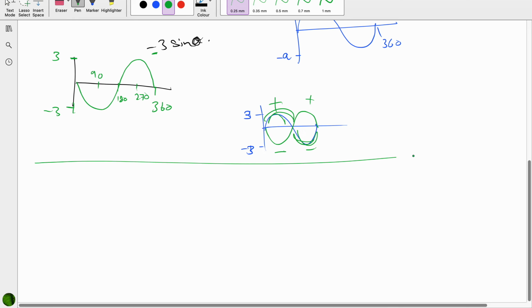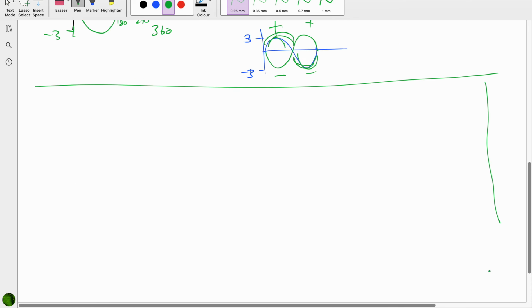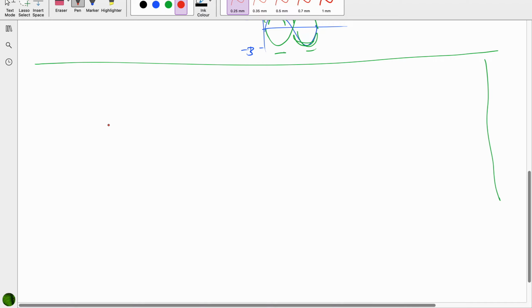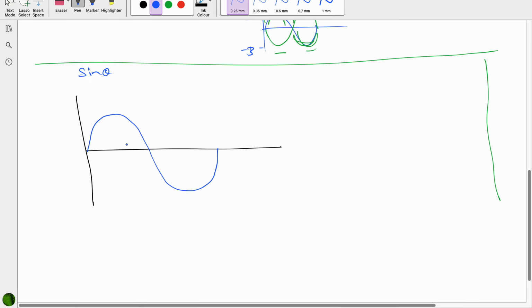Now let's try to draw on one graph. Let's say we have this grid and we draw sine theta. If this is 1, this would be -1, and it ends at 360.